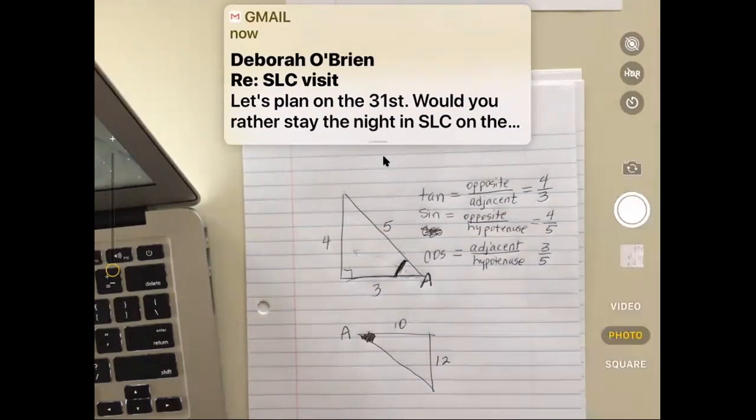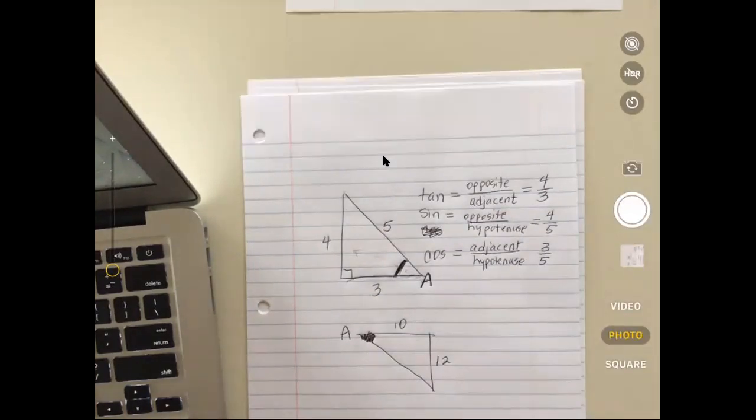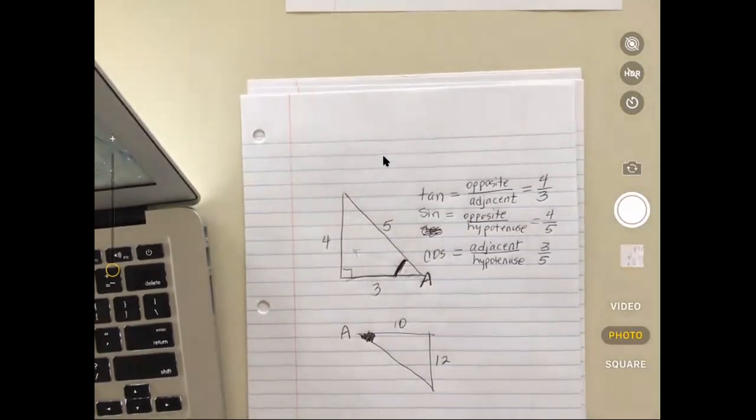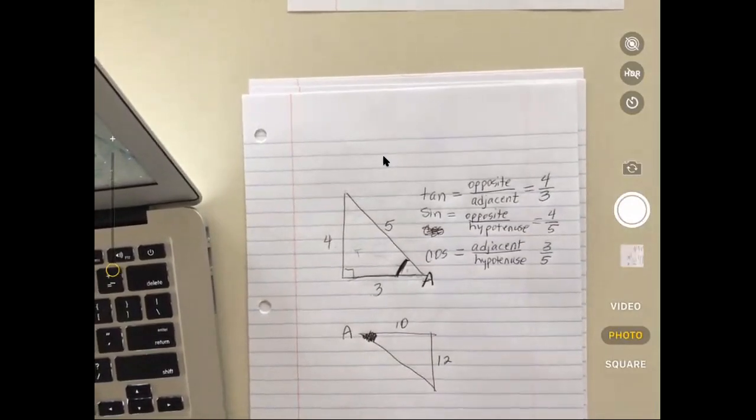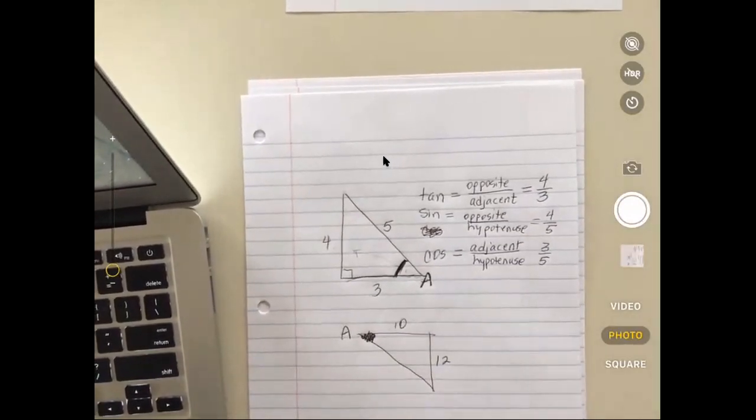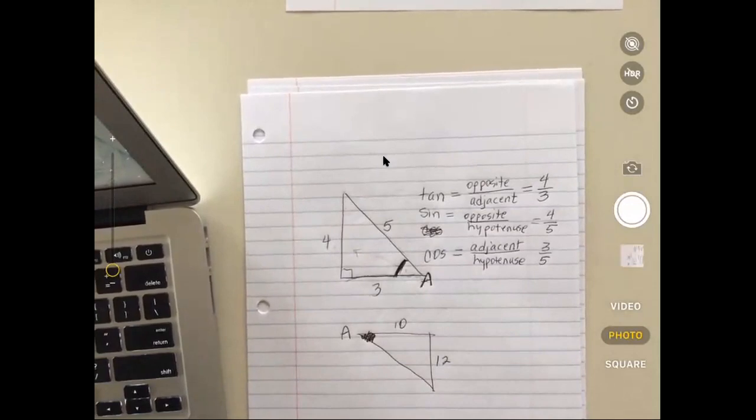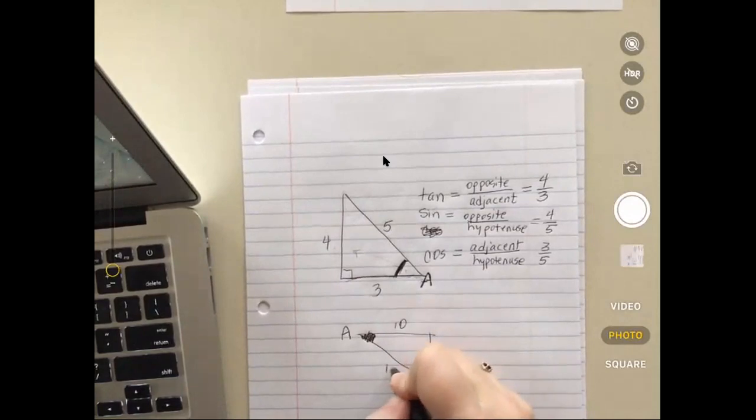I have to grab a calculator. This would be about 15.6.